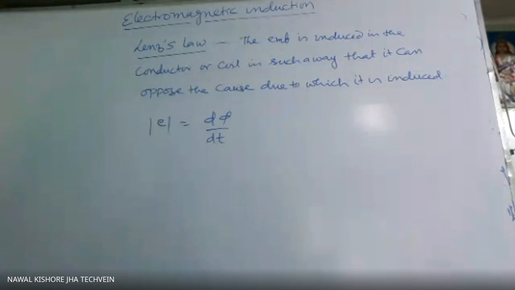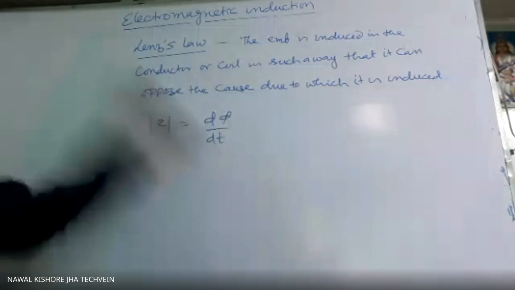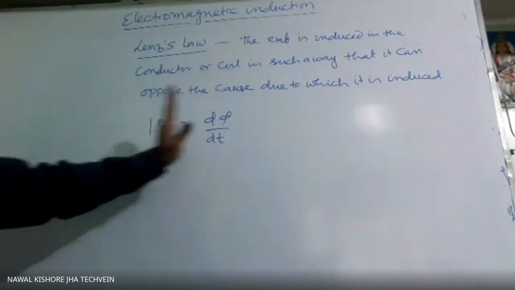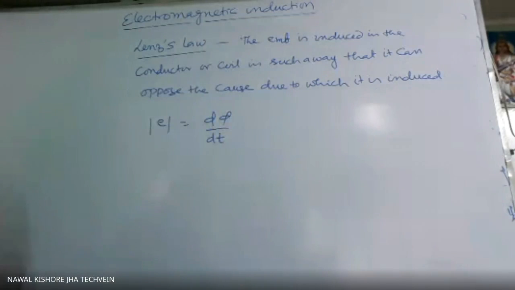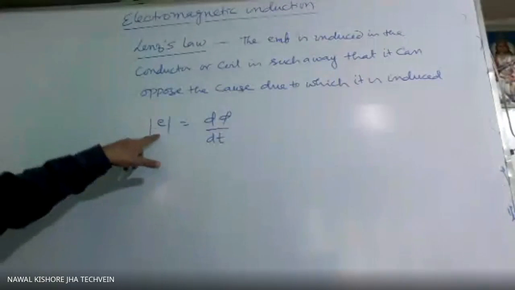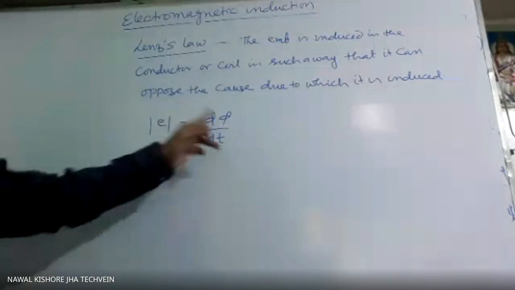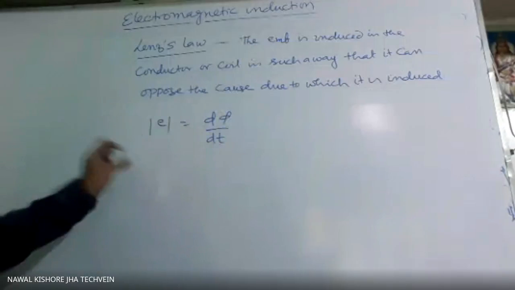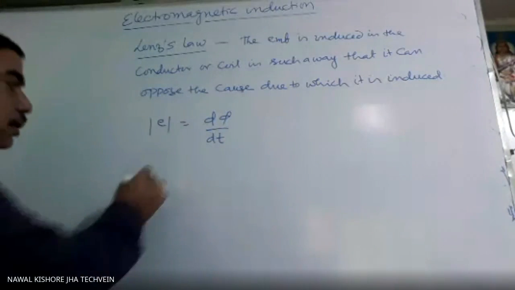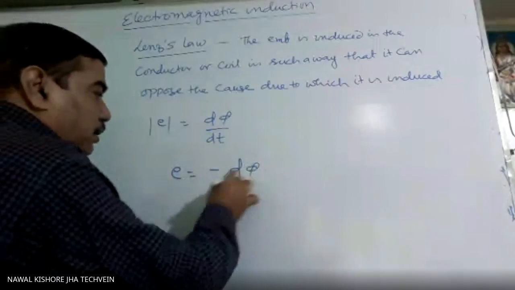According to both, whether you apply Fleming's or Lenz law, you will observe that EMF is induced in such a way that it can oppose the cause. So when phi is increasing, this induced EMF will try to decrease the flux. If phi is decreasing, EMF will be induced in such a way that it can increase the flux. That means this E will always be given by minus d phi by dt.